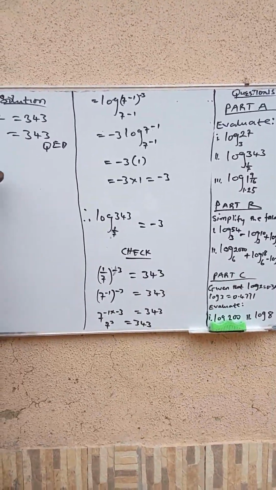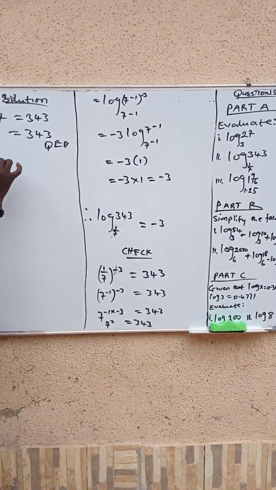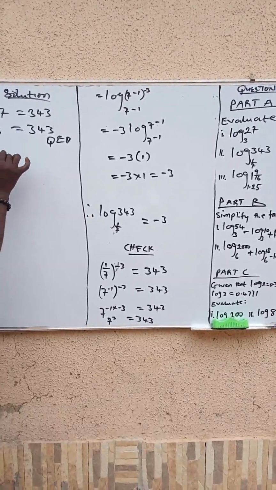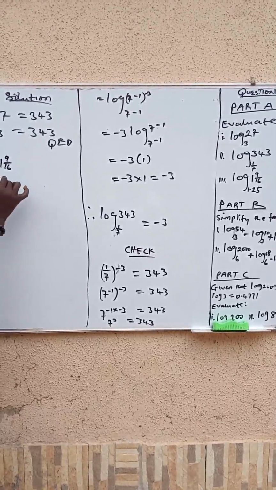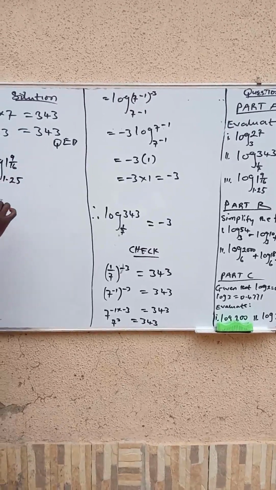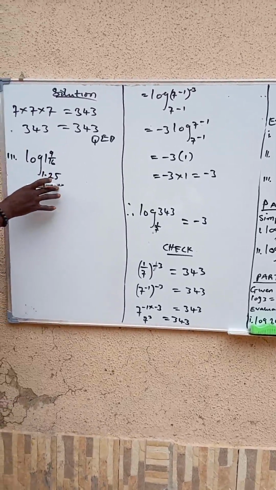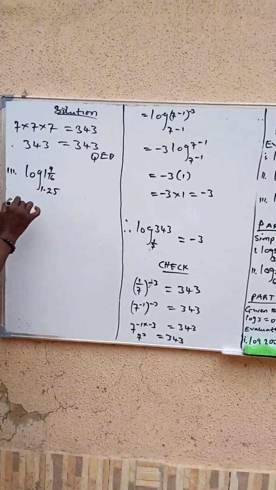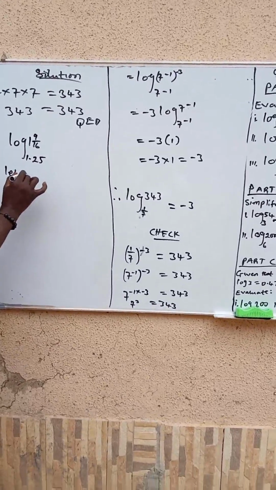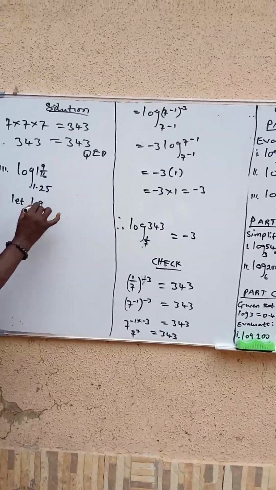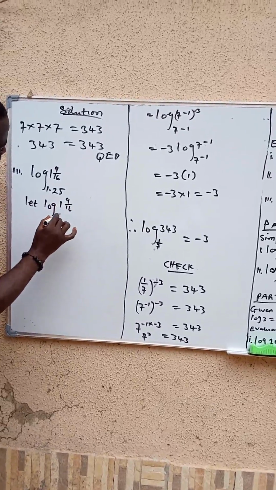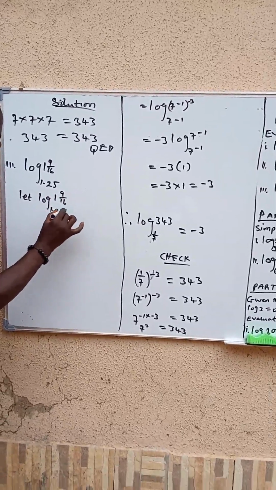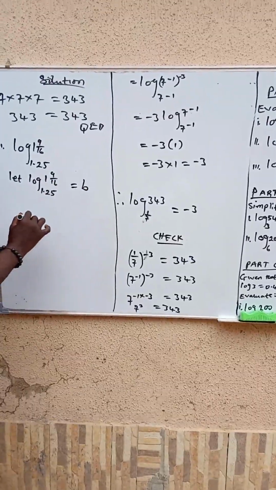Now we're given log 1 whole number 9 over 16 to base 1.25. This is the logarithm we're given. Let log 1 whole number 9 over 16 to base 1.25 equal b.